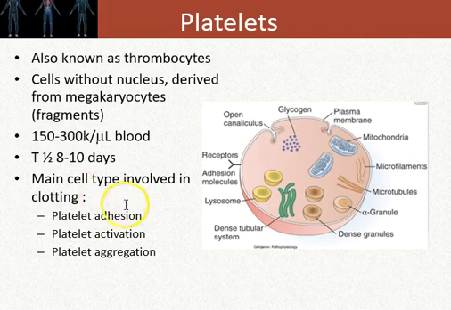When you talk about the clotting cascade or the clotting process, these platelets can adhere to each other. They can activate other platelets and have effects on the endothelium. And of course, they can aggregate. And when they aggregate, that's when these clots get bigger and bigger, and that's when pathology starts to manifest itself.